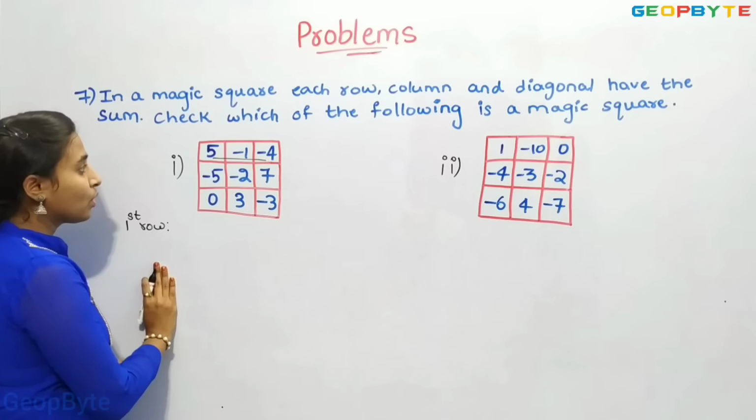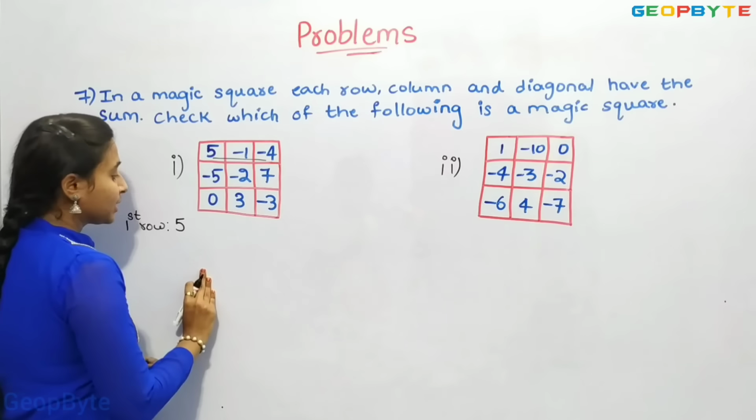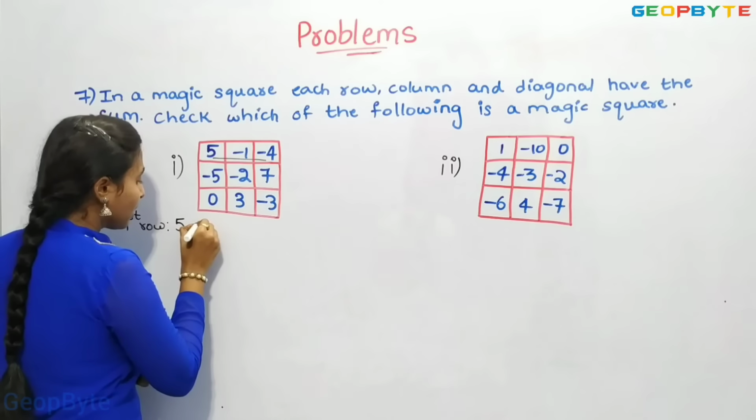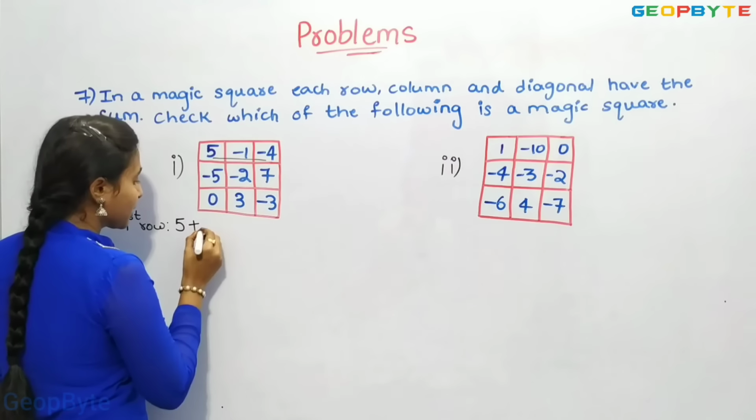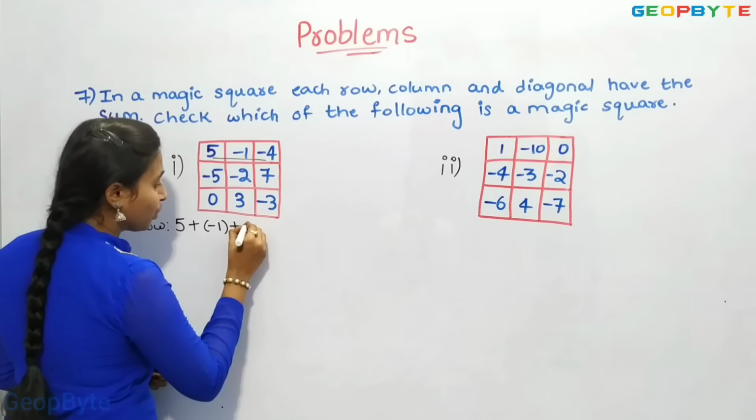In first row, we have 5. Now, let us add 5 plus minus 1 plus minus 4.